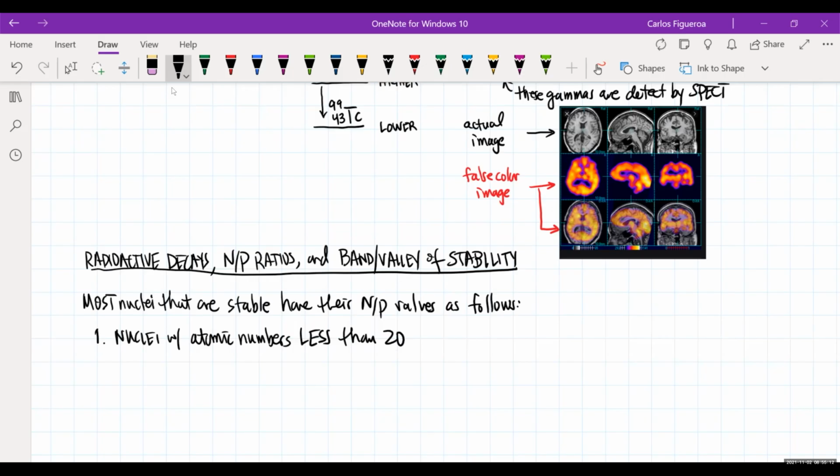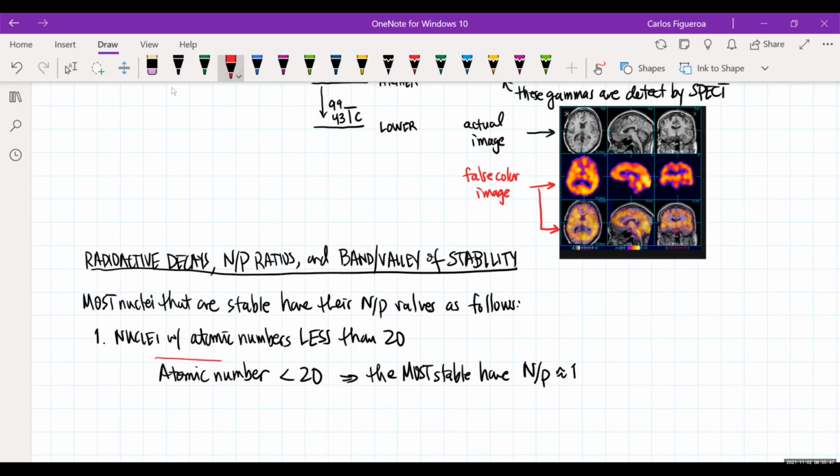So when we look at these, if you have an atomic number that's less than 20, then what this tells you is that the most stable have an NP value that's approximately equal to 1. That's what it means to be stable.